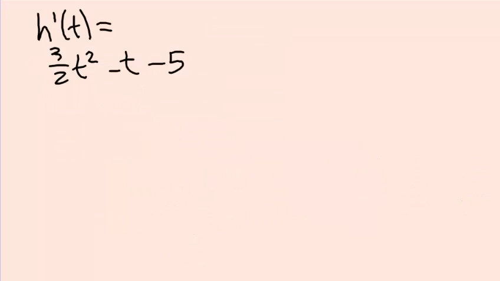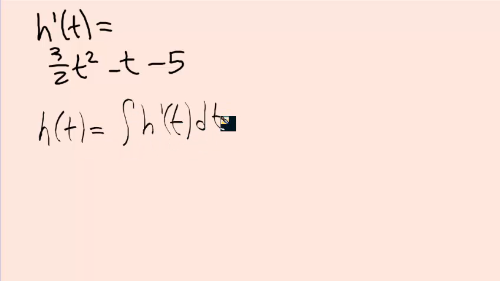All right, so we still need to get to h. So we need to integrate. Oops. We need to anti-differentiate h prime, to go one more derivative up the food chain.